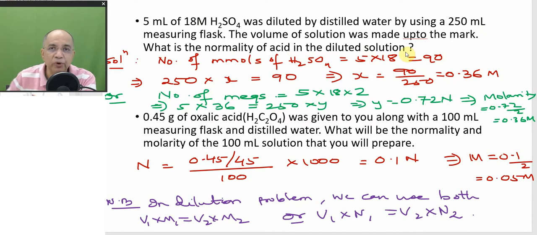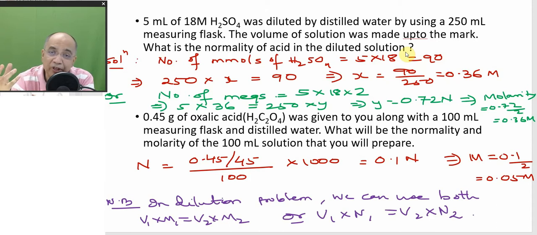Now, when there is no reaction, the amount of the solute will never change. However much dilution you may make, of course you can't make a diluted solution more concentrated in a real experiment; you have to vaporize some solvent for that. But you can make a 10 times dilution, you can make a 50 times dilution, whatever you want. When you dilute a solution, the amount will not change.